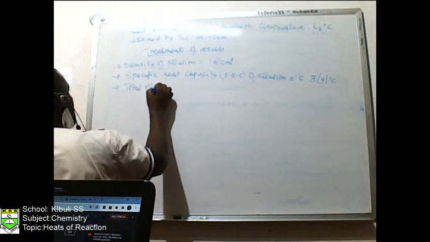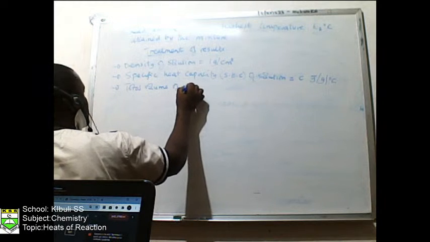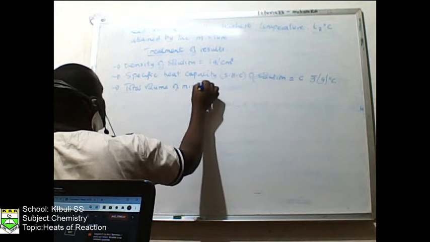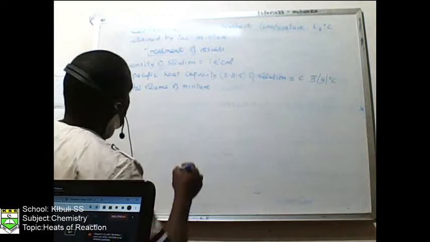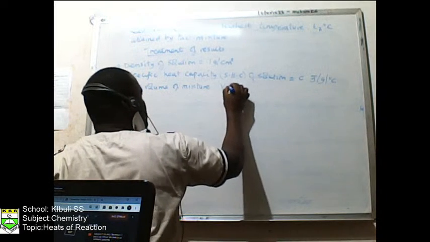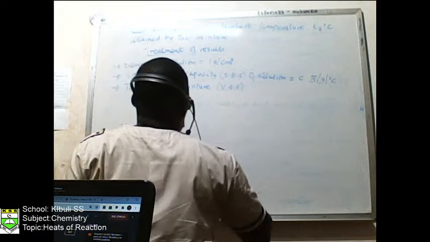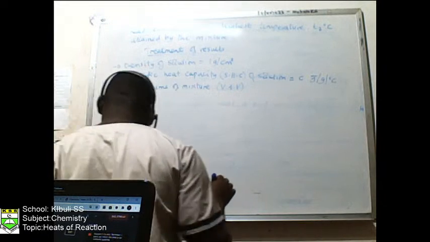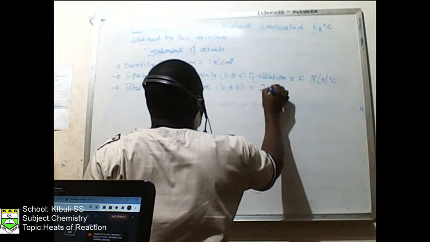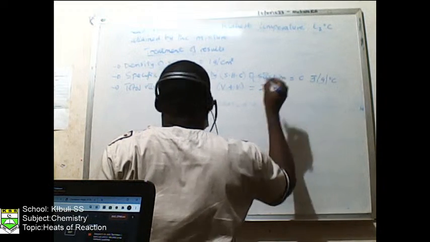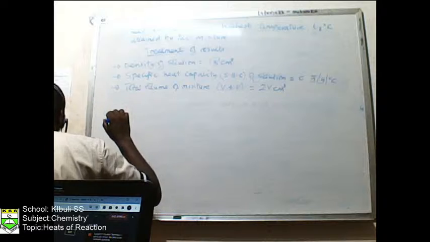Total volume of mixture. Total volume, remember how the V cubic centimeters of sodium hydroxide and V cubic centimeters of hydrochloric acid will give us 2V cubic centimeters of resultant solution.